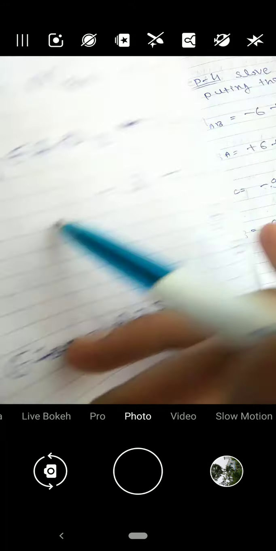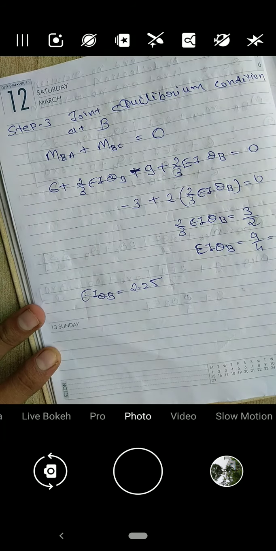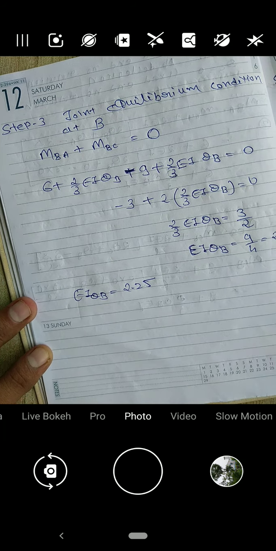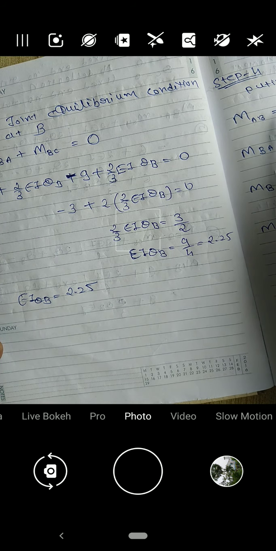We directly put both of these and find EI theta B is equal to 2.25. Put this value in the above 4 equations and find the slope deflection moments.